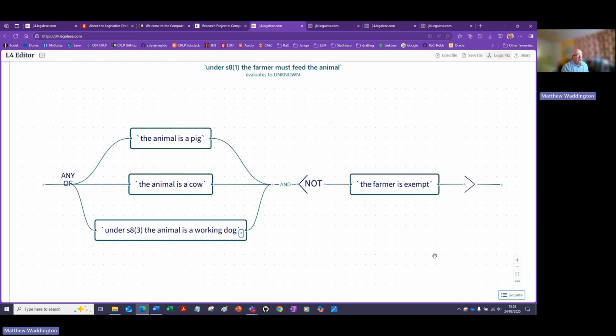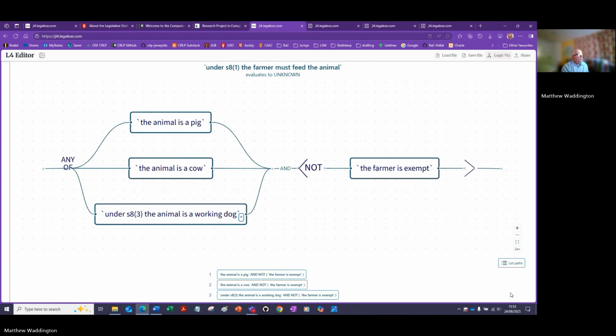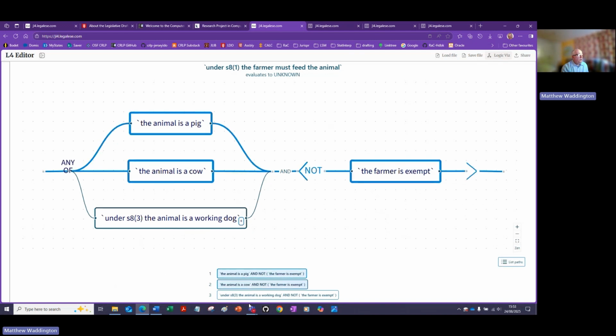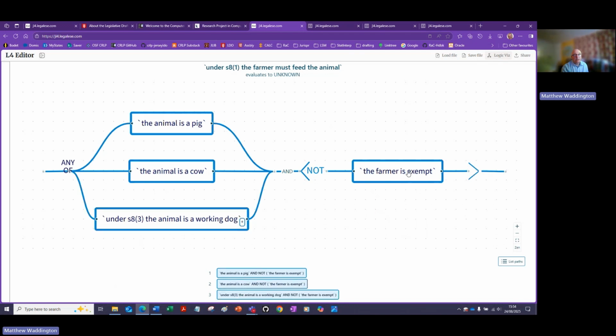So that means now we've unpacked that definition to show there are now three paths, either a pig or a cow or a working dog. And in each of those cases, the farmer's got to be exempt. But that is a way of representing that definition of a livestock animal as a pig or a cow and how that affects the logical structure.